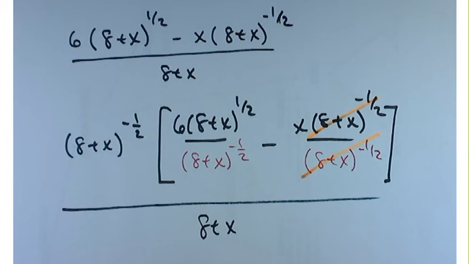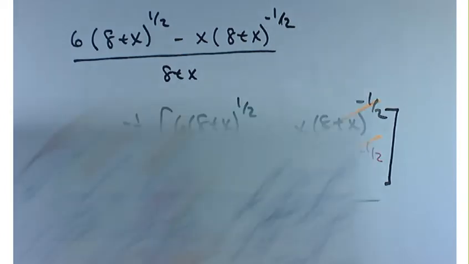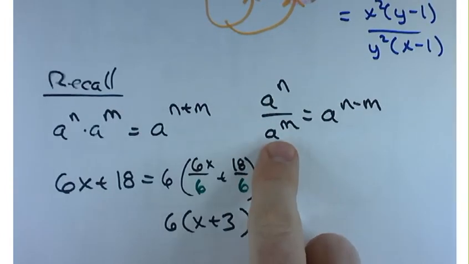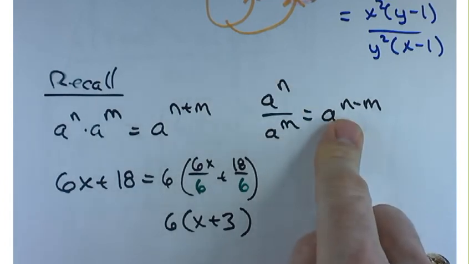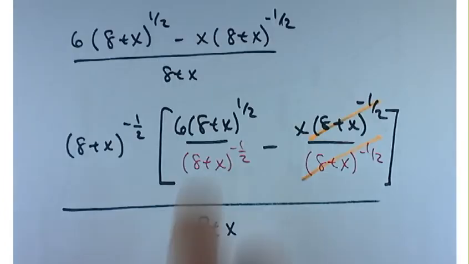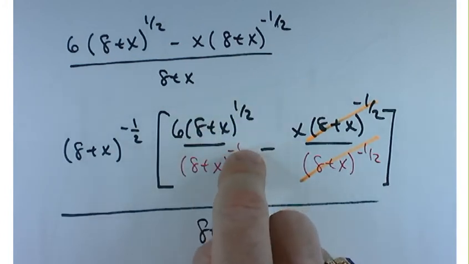And now the other thing is this one right here. And I kind of gave you a heads up on that right here. When you divide things with the same base, you subtract their exponents. Well, guess what? These things have the same base. So I should subtract their exponents.